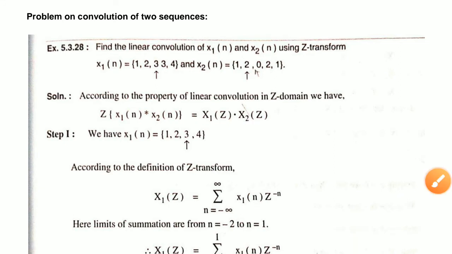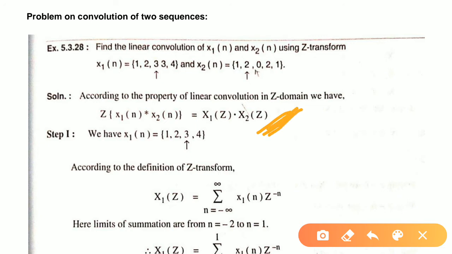That is nothing but x1 of z into x2 of z. So this is the basic formula to find the convolution. You should remember this formula, or we can say the property of linear convolution, to solve any type of example in the examination on linear convolution.